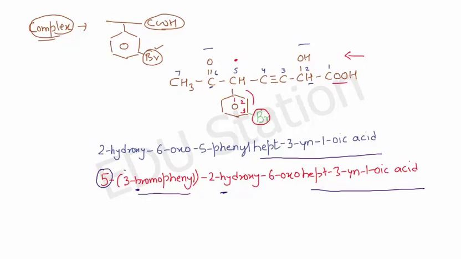The entire complex is written in one bracket, because if I simply write 3-bromo, you will feel bromo is attached over here. So it is one part, written in the bracket as 3-bromophenyl. You have to close the bracket after the complex finishes. Then the remaining name remains as we already have done.